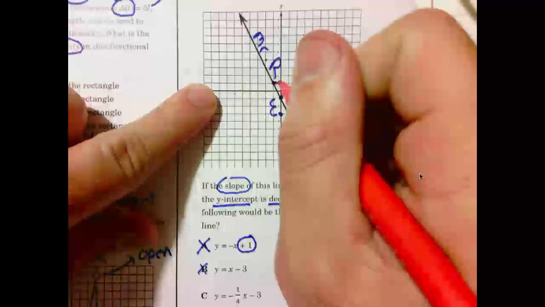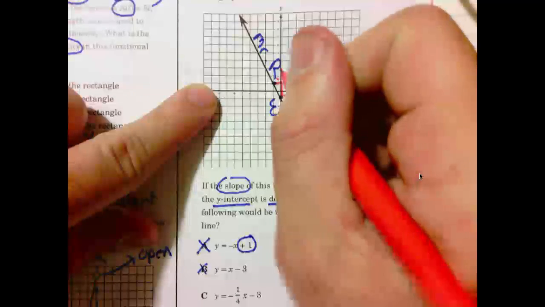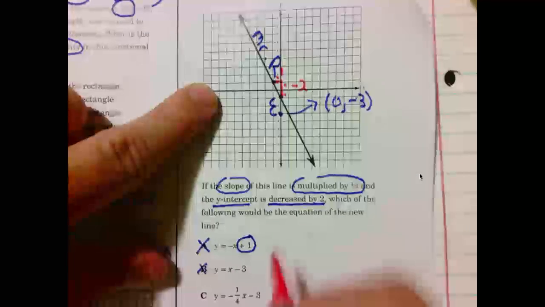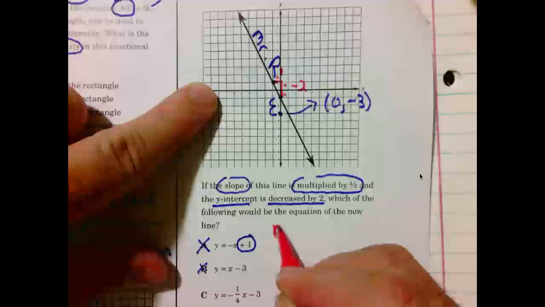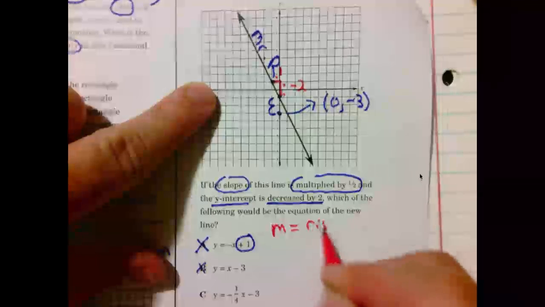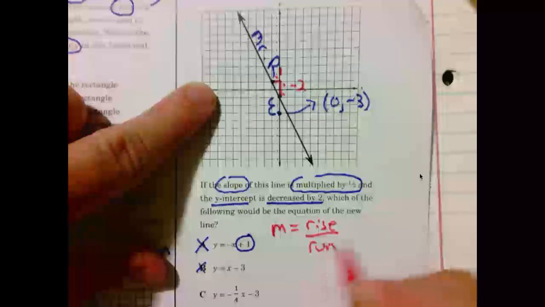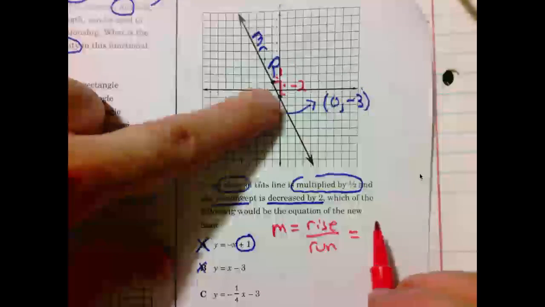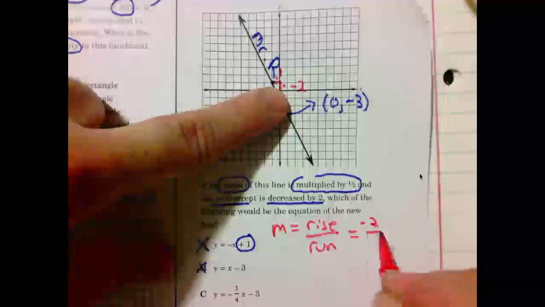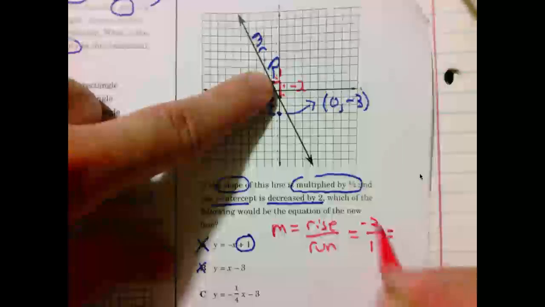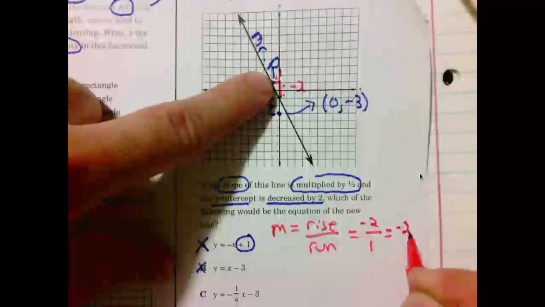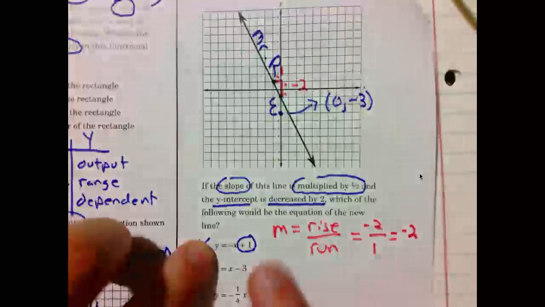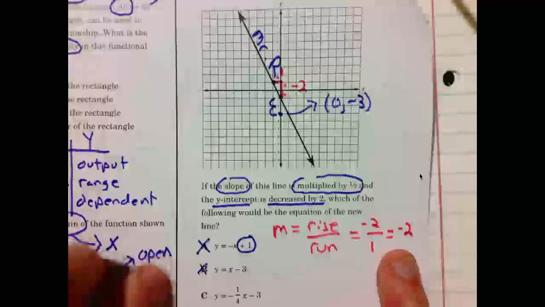It goes to the right 1 unit. So, slope, M, is rise over run. The slope of this line, the rise is -2. The run is 1. -2 divided by 1 is -2. So the slope of our current line is -2.